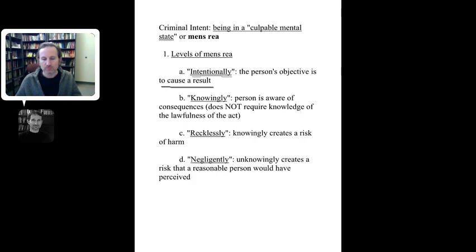If you did something on purpose, that means you did it intentionally, and that is the highest level of mens rea, clear intent. Right?